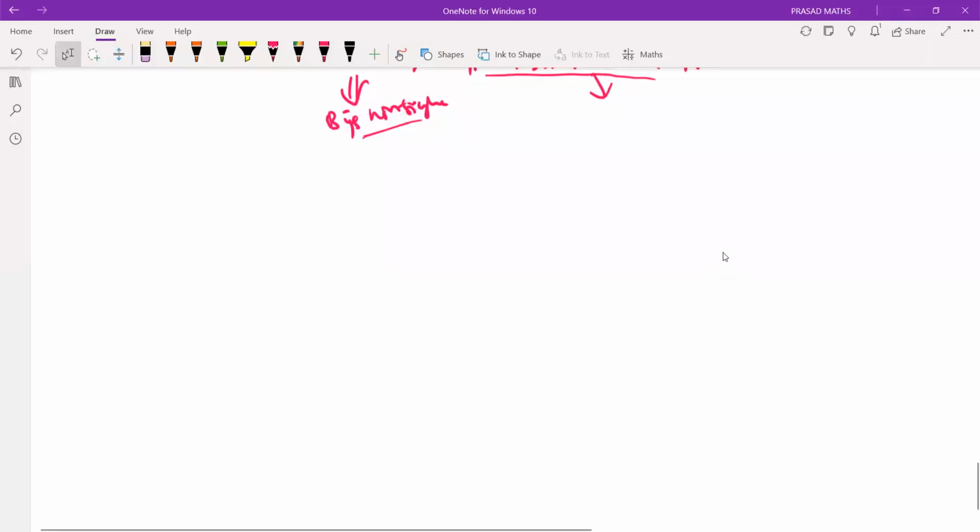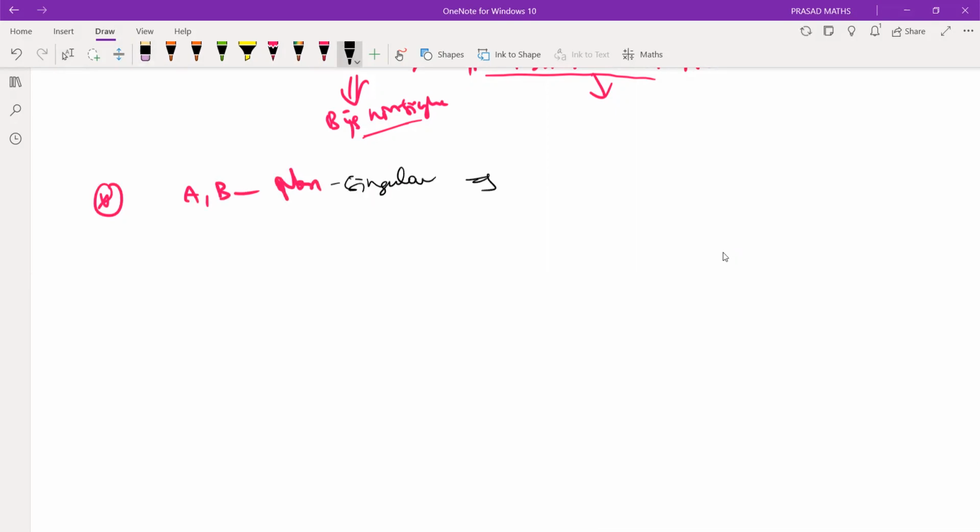Similarly, suppose A and B are non-singular. Obviously, A plus B, is it non-singular or singular? Generally, it need not be non-singular.